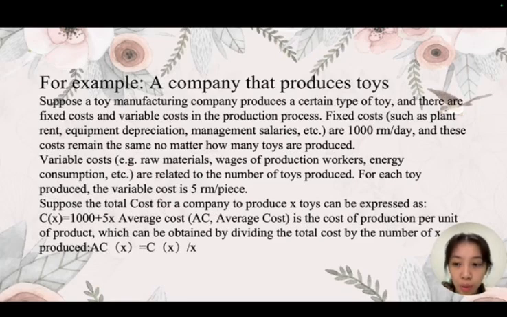For each toy produced, the variable cost is 5 ringgit per piece. The total cost is 1,000 plus 5x ringgit, and average cost equals C(x) divided by x.